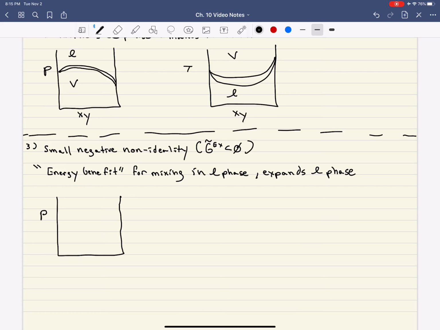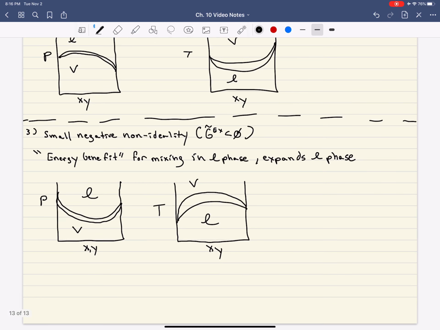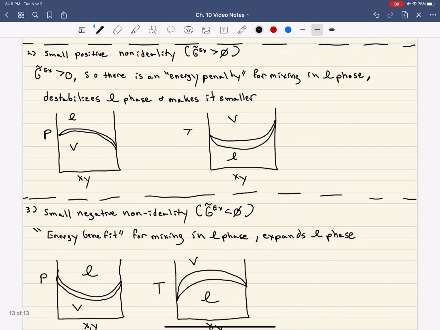Okay, and so rather than shrinking, the liquid phase is now going to expand out, and the vapor phase is going to shrink. Liquid phase expands out, vapor phase gets smaller. Okay? Alright, and so we looked at the case where our system is non-ideal, but the non-idealities are relatively small.